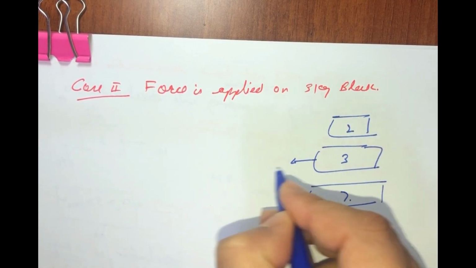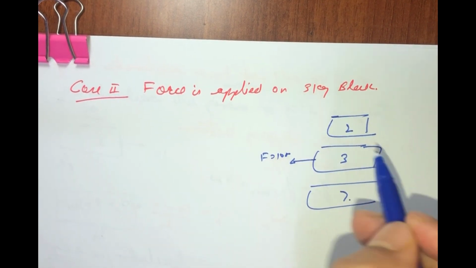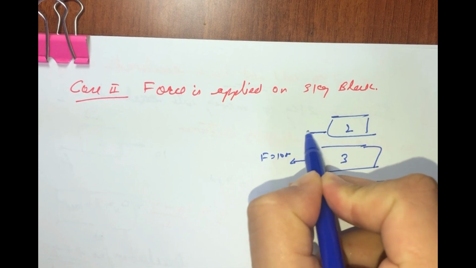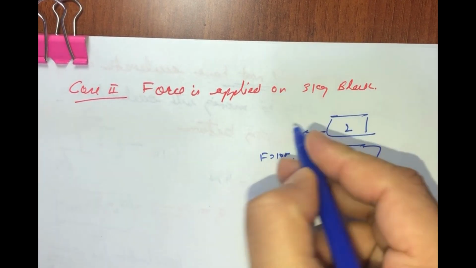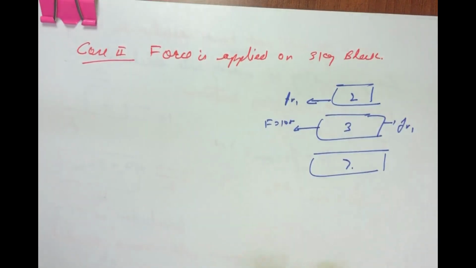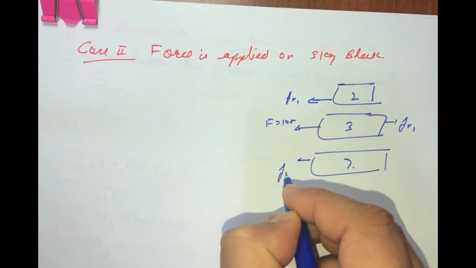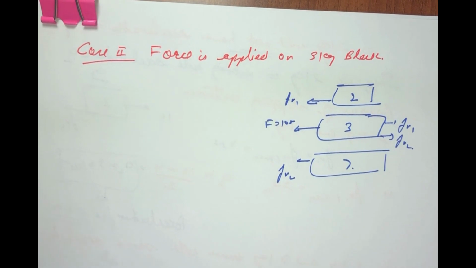Force is being applied on 3 kg, which is of 10 Newton, and so this 3 kg will try to force 2 kg towards the left side, and let us suppose the friction is Fr1. Equal and opposite will be acting here, Fr1, and similarly let us call this Fr2, and there will be Fr2 acting here also. So these are the various frictional forces acting on the blocks, and let us assume that they are moving with the same acceleration.